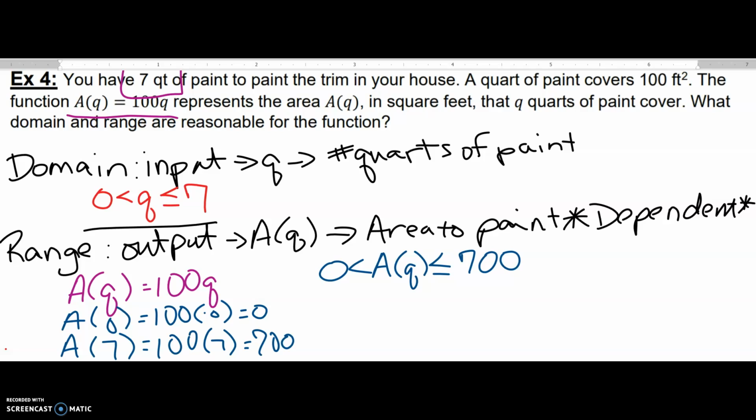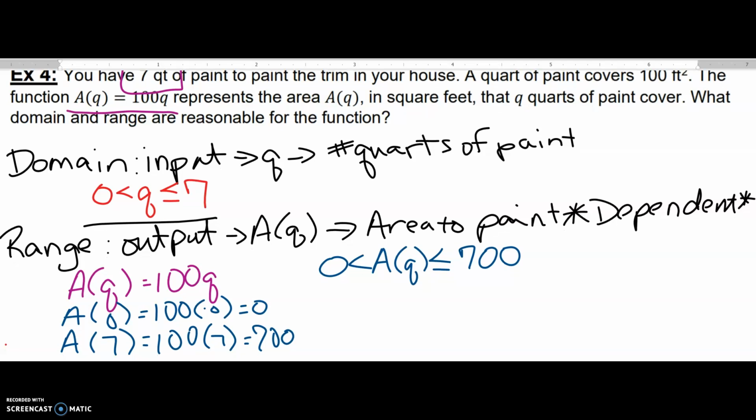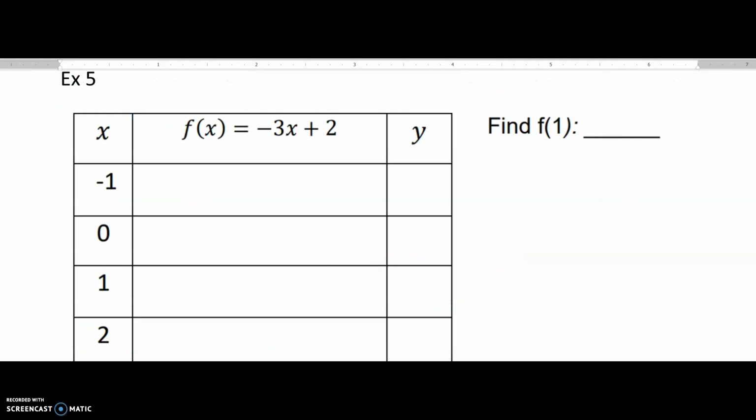And then, of course, you have to keep in mind, use a little common sense, you can't paint more than what you have. So when we're finding out our range, we have to use those numbers from our domain. Also, keep in mind that since we said that our function notation is the same thing as saying y equals, you can also write this as 0 is less than y is less than or equal to 700. That is the exact same thing.